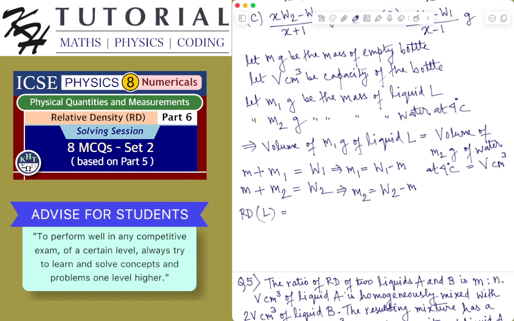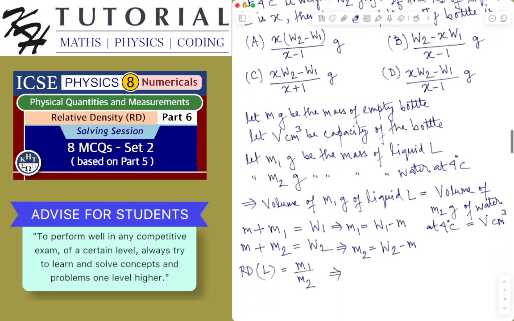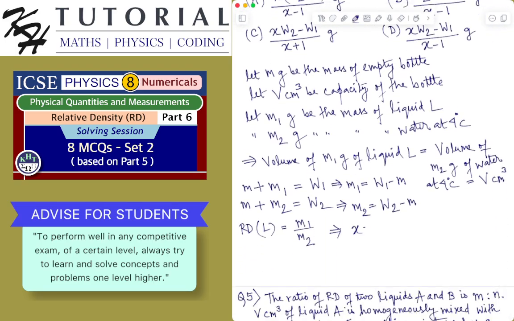So we can clearly say that the relative density of the liquid L will be m1 by m2, since m1 gram of the liquid L is occupying a volume of V centimeter cube, and m2 gram of water at 4 degrees centigrade is also occupying V centimeter cube. The relative density of the liquid is given to be x. So x is equal to m1 by m2.